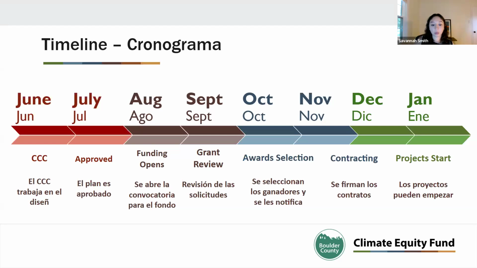So the awards will be deliverable based or cost reimbursable. It's going to really be dependent on the individual specific project. We can't give an overall answer right now. And your scope of work will really determine which of those two options it will be.